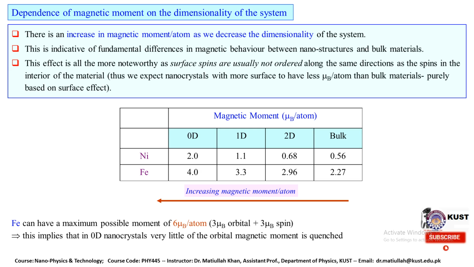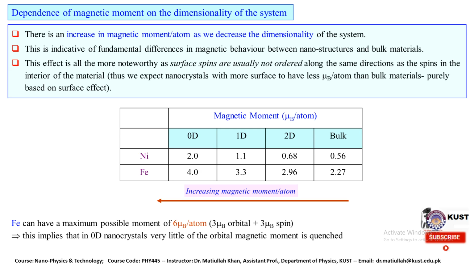We see the change in value. For 0 dimension it is higher, that is 2, but coming toward the same material at 1 dimension it becomes 1.1, and further reduction is found in 2 dimensions where it is 0.68. If we investigate the same thing in bulk, it becomes 0.56, with a further reduction.